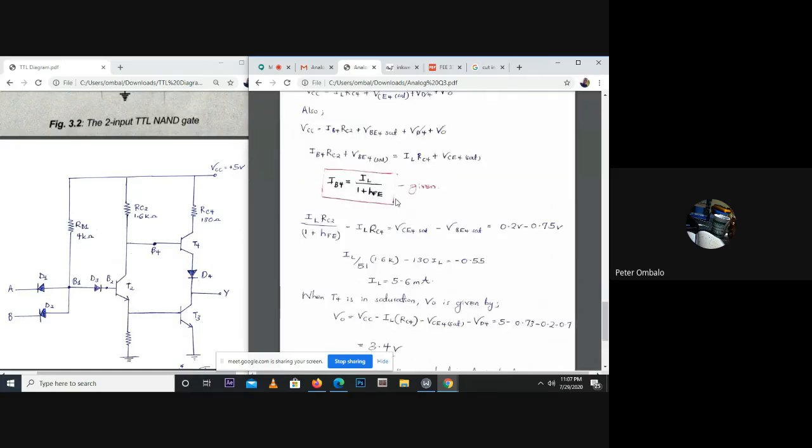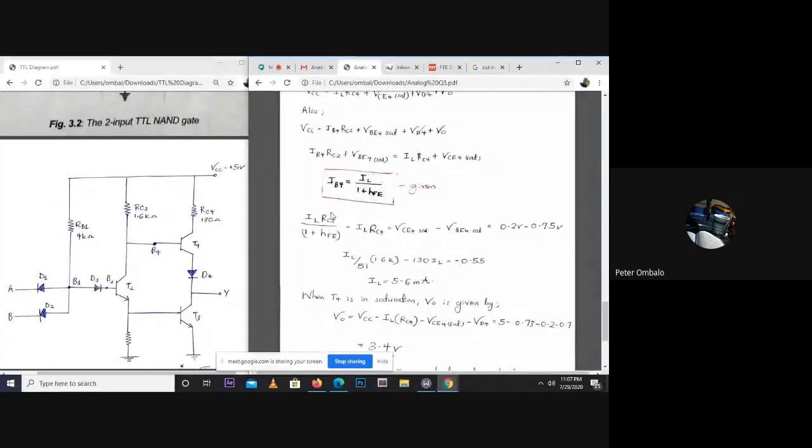Another thing that we will always be given is the relationship between Ib4 and IL, which is basically the relationship between the base current and the collector current of the transistor. So Ib4 is equal to IL divided by 1 plus the gain, and Ib4 is way less than IL.